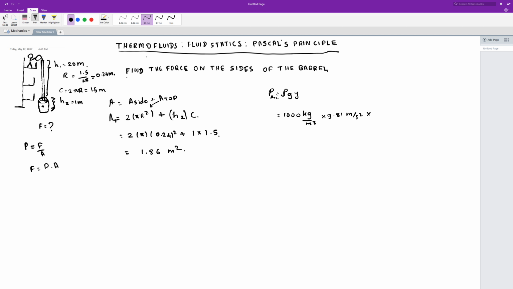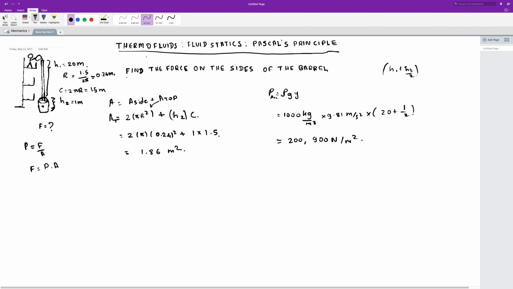The height is going to be h1 plus h2 by 2, so in this case, this is going to be 20 plus 1 by 2. h2 is 1, so 1 by 2. And we have all the values right here. If we multiply everything together, we can find the P, and this comes out to be 200,900 Newton per meter square. So we have the P right now.